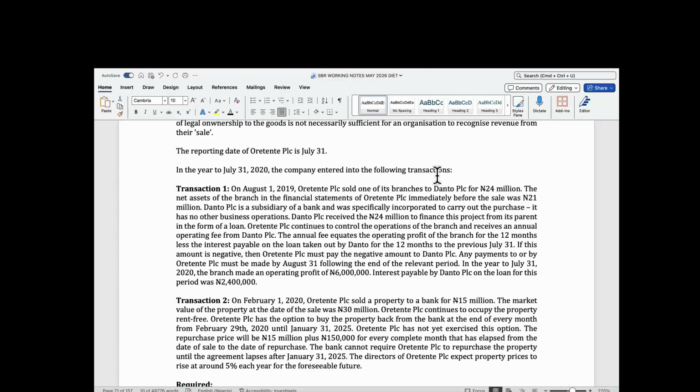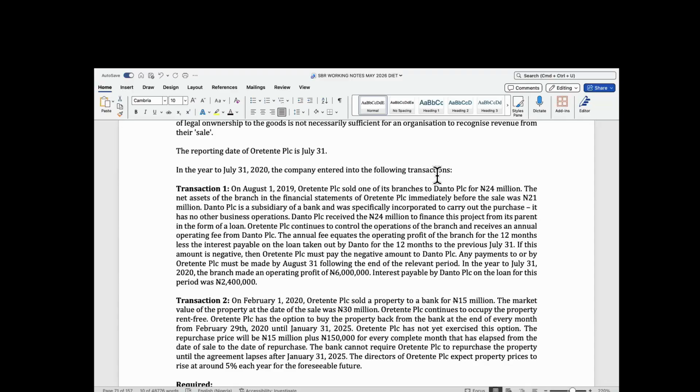The annual fee equals the operating profit of the branch for the 12 months, less the interest payable on the loan taken out by Danto for the 12 months to the previous July 31st. If this amount is negative, Oriente must pay the negative amount to Danto. Any payment by Oriente must be made by August 31st, following the end of the relevant period.